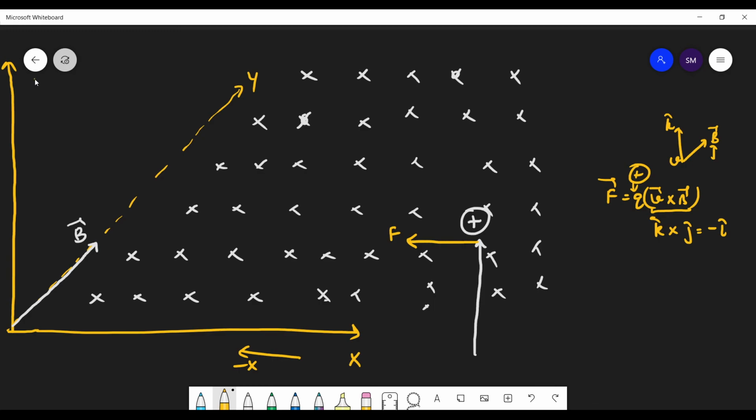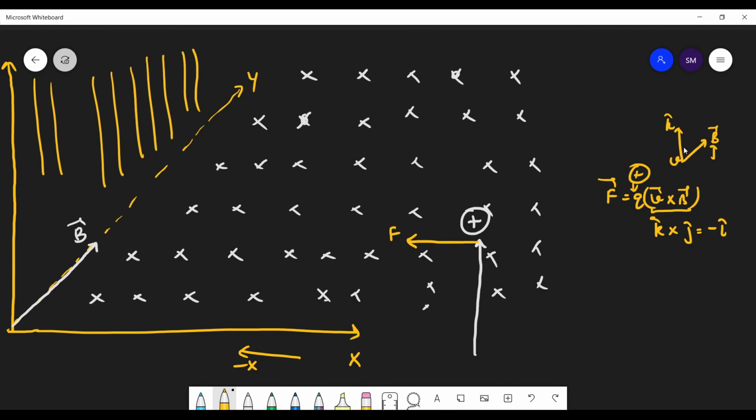This is your vB plane. The force will act, and the field is over here, right? So the force acting in this direction will turn it around, which means circular motion.